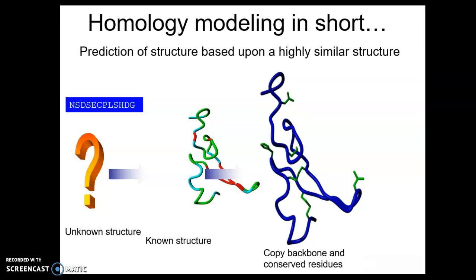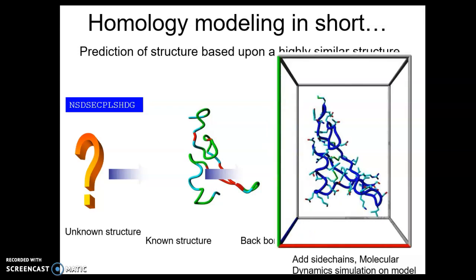So first we get a rough structure, and then we finalize the backbone and the conserved residues to get the perfect structure. Adding side chains and molecular dynamics simulation are all finer points of developing the structure. In this way we can get a fairly accurate homology model.